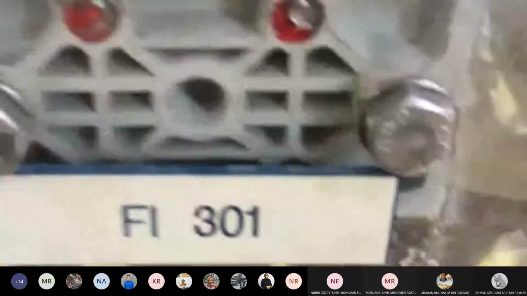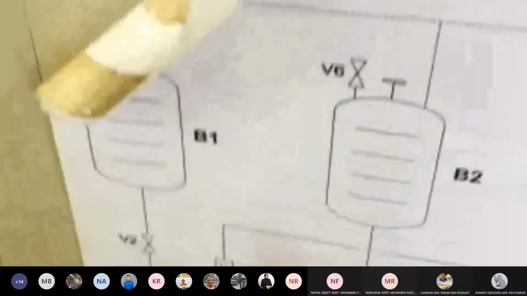Why is there FL? To indicate flow. Why is there 01 and 02? To indicate the first flow and the second flow. Okay, so you will not have 301, and then another 301. Not allowed. Because 301 is very specific to this valve and 302 is also specific to this one. Okay, to this flow, sorry, this is a flow indicator, so this is very specific. So FI is for flow indicator, right? Okay, so this is how you translate the reading of the PFD into the real equipment.